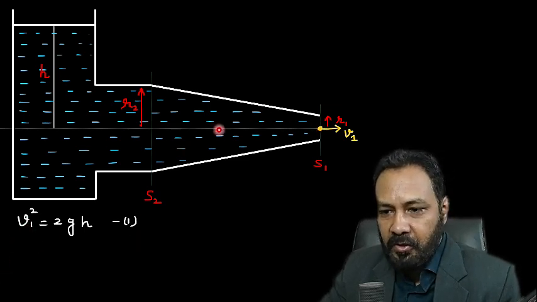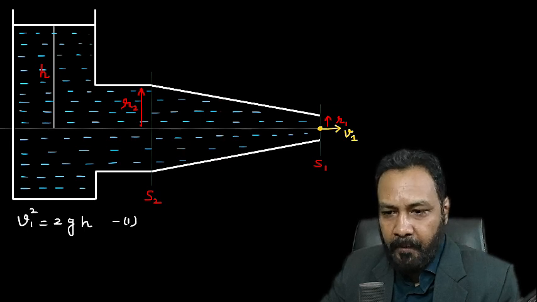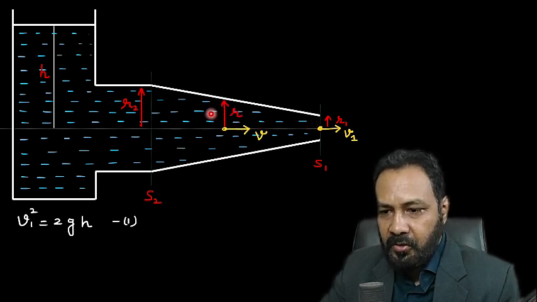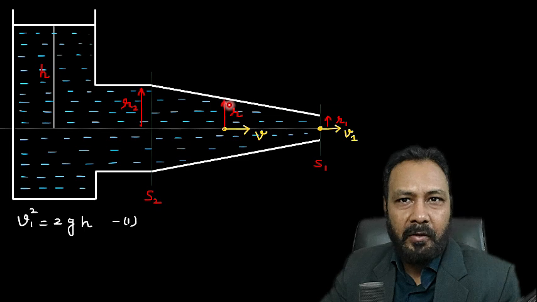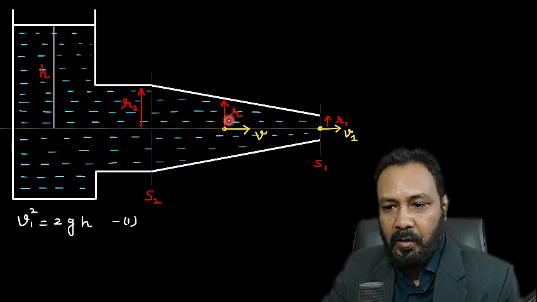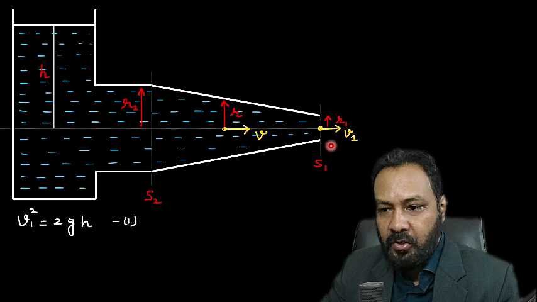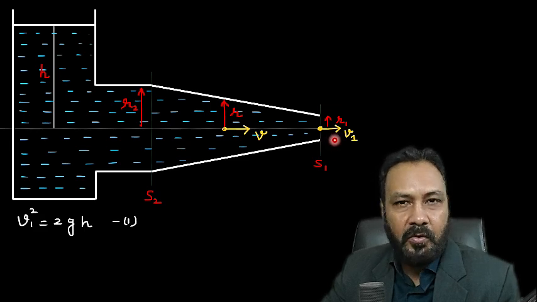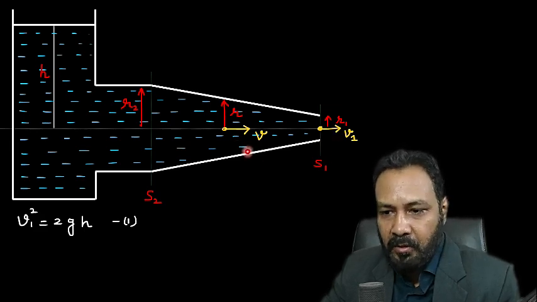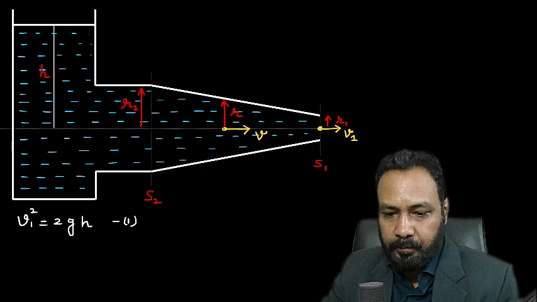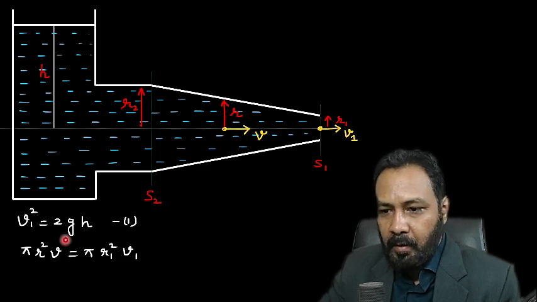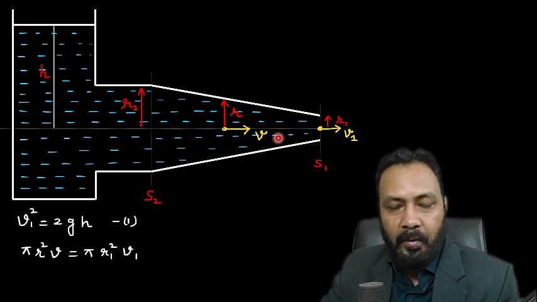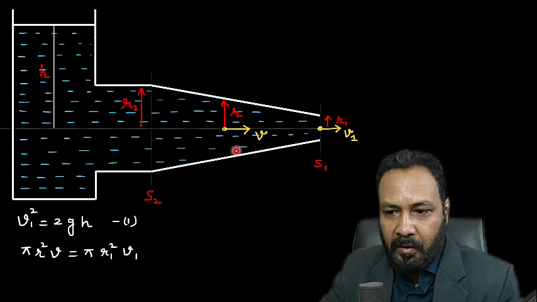Now let's take a general section somewhere here. At this general section the radius is say small r, and the velocity here is v. The pressure here at the outside was P0, that will equate to 0, and the pressure here is say P. Before we apply the Bernoulli theorem, first let me apply the continuity equation.